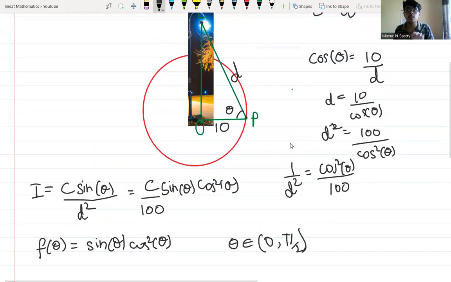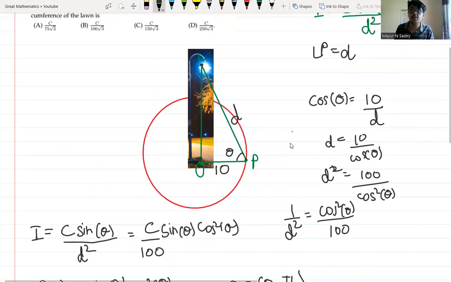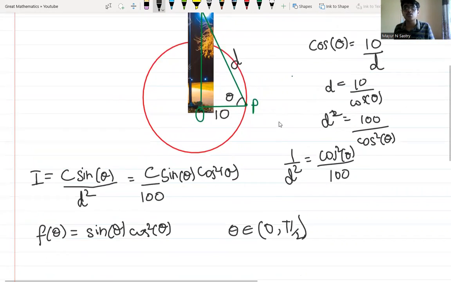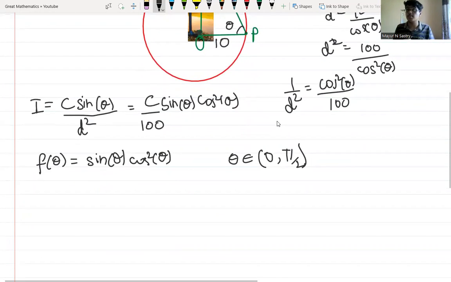You can notice that here because if theta is 90 degrees, then you cannot connect L and P because LO becomes parallel to the line joining L and P, which means they will never intersect. So it must be lesser than pi over 2 and also must be greater than 0 for quite obvious reasons, because if it were 0, then the light source would be in the plane of the garden, it wouldn't be above it. So once we know the interval in which theta belongs, we need to maximize it in this interval.